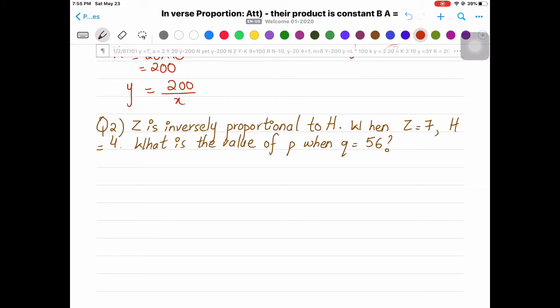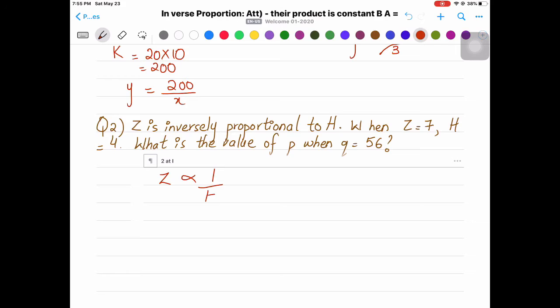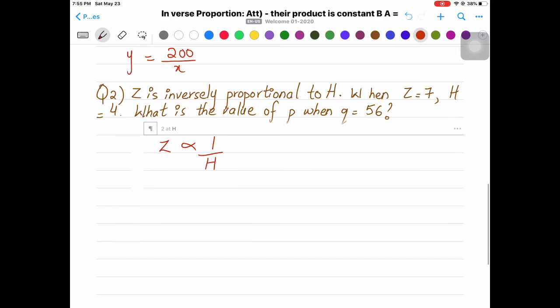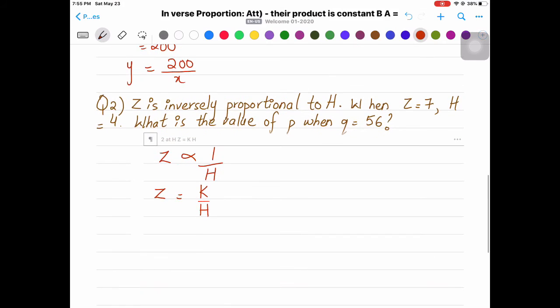So the question says that z is inversely proportional to h. Let's write it. Z is inversely proportional to h. So we can also write it like z equals k over h. K is of course our constant of proportionality.